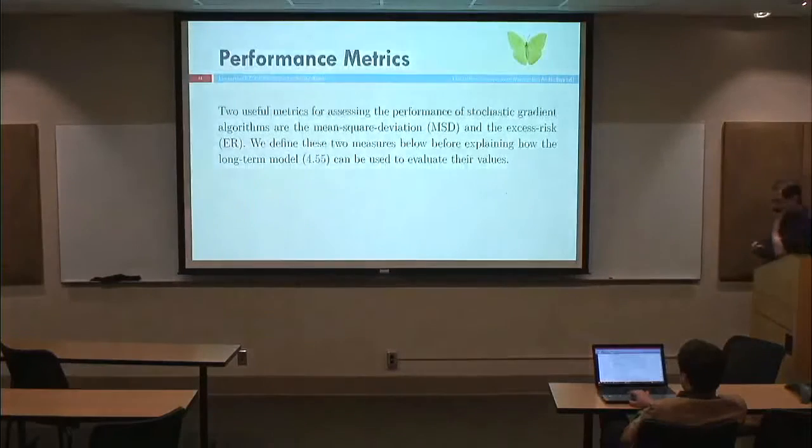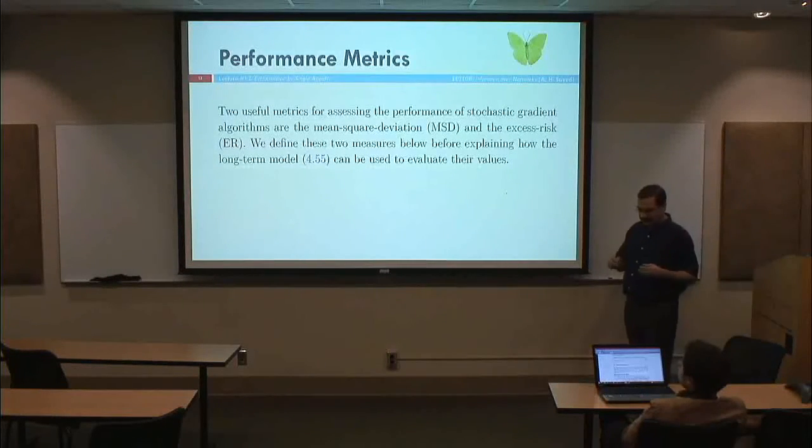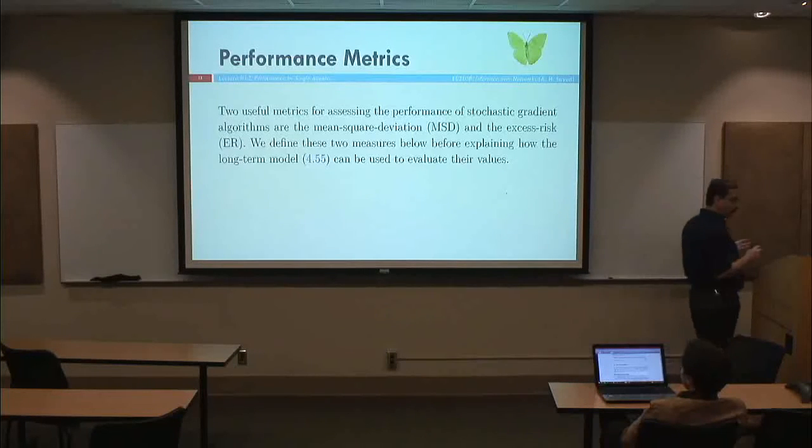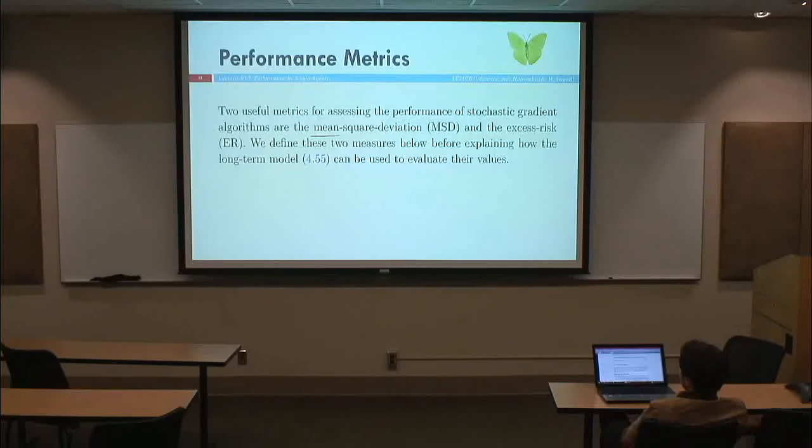Okay? So when I say I'm interested in evaluating the performance of the stochastic gradient algorithm, what do I mean by that? What performance? So there are two performance metrics that I'm going to define: the mean squared deviation and the excess risk. Okay, the excess risk. So what is the definition?